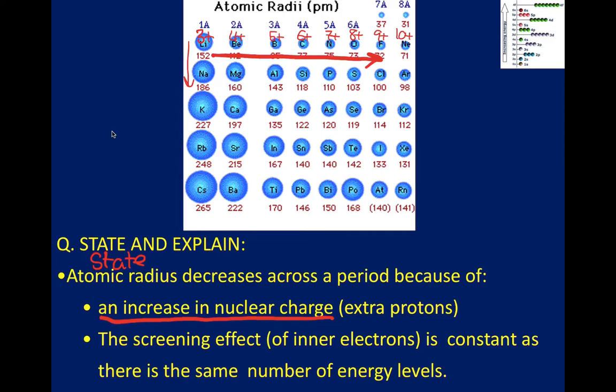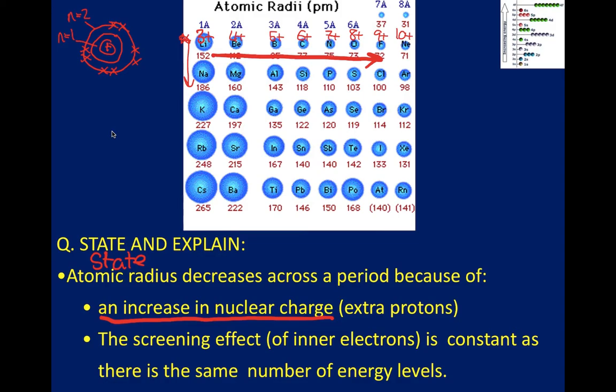So I'm just going to draw my positively charged nucleus here for you, and we have your first electron shell when we draw our old school Bohr diagrams. The first one is n is equal to 1, and the one we've just drawn is n is equal to 2. Every electron that's going to be added across period 2 is going to be added to this particular shell or energy level.